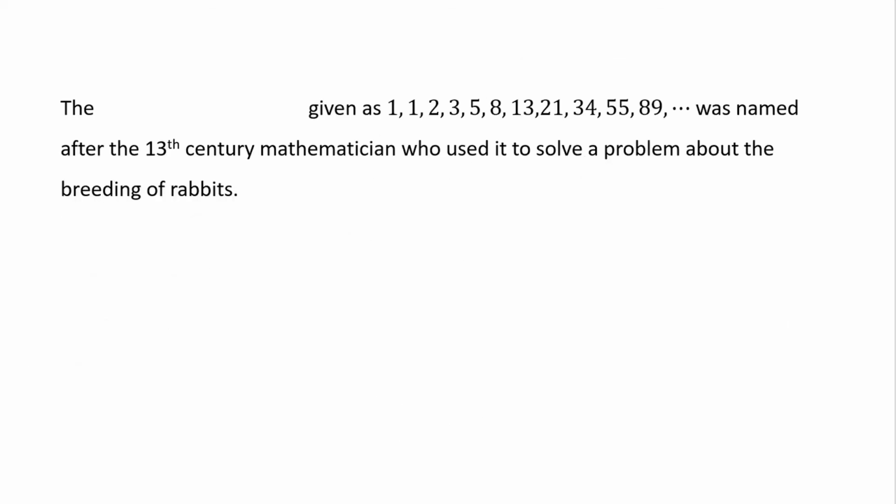The Fibonacci sequence, given as 1, 1, 2, 3, 5, 8, 13, 21, 34, 55, 89, and so on, was named after the 13th century mathematician who used it to solve a problem about breeding rabbits.